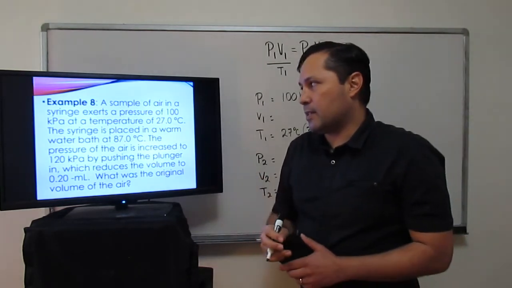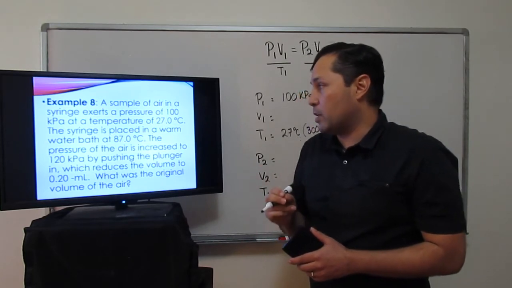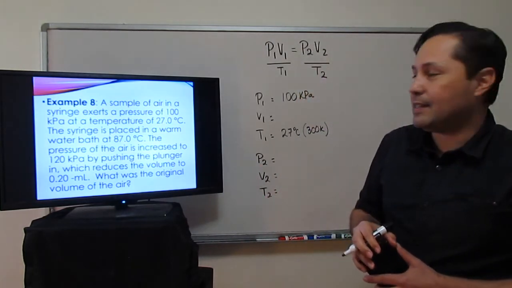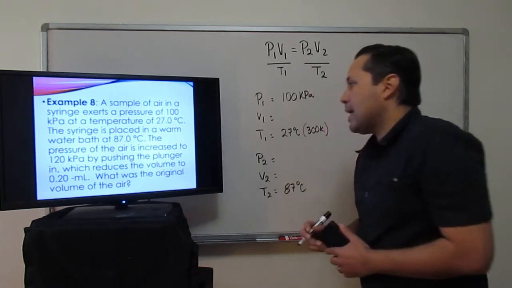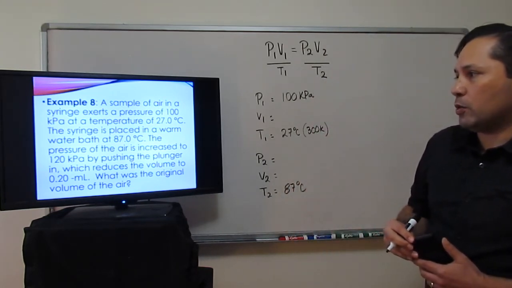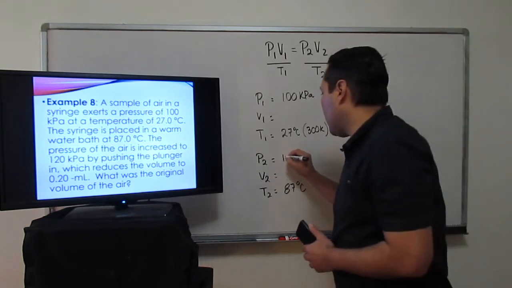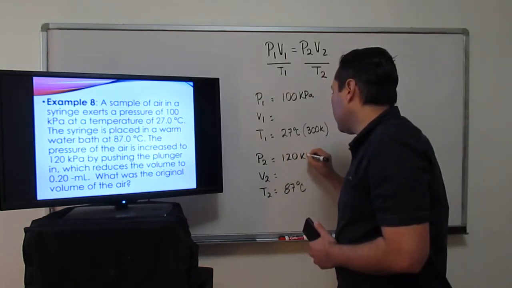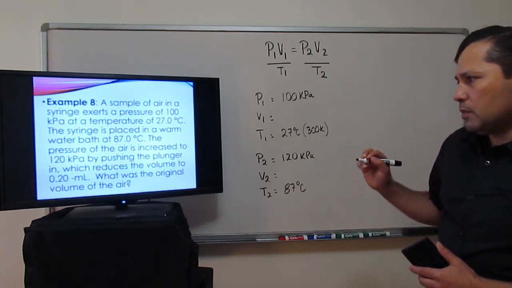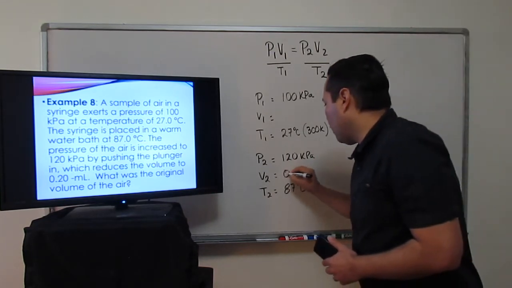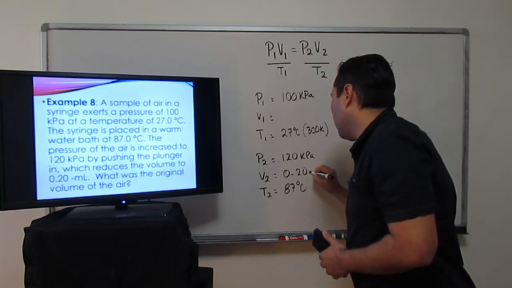Next, the second sentence starts by saying the syringe is placed in a warm water bath at 87 degrees Celsius. So that's our new temperature. And the pressure of the air is increased to 120 kPa when they push the plunger into the syringe, and that will change the volume to 0.2 milliliters.